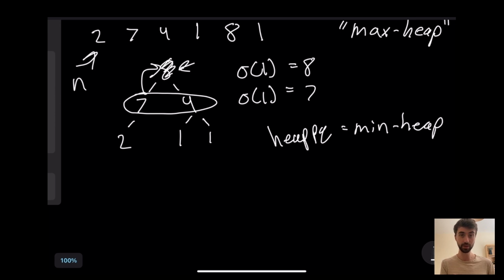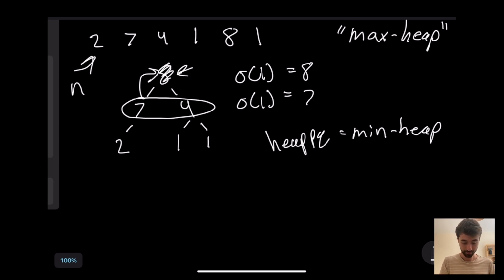But there's a trick that I learned when I studied this in school: when we need a max heap, but are only able to create min heaps, we can just make the numbers negative when we enter them into the heap, and then make them positive again when we take them out of the heap. So say we want to store these values, but we only have a min heap. Let's just insert them negatively.